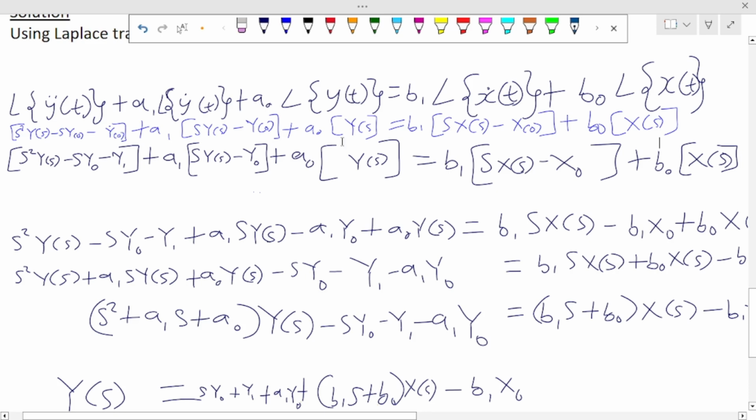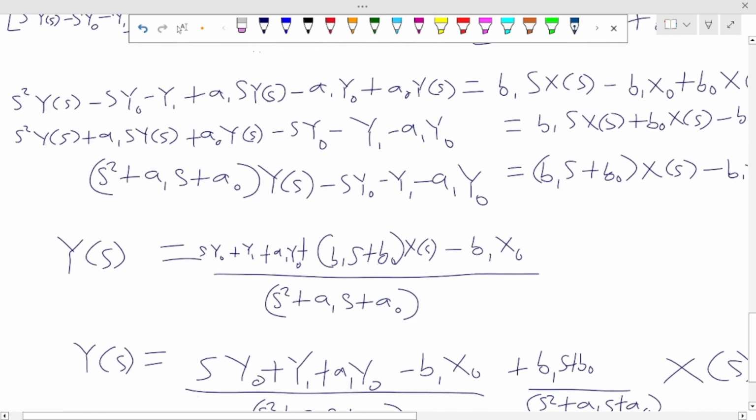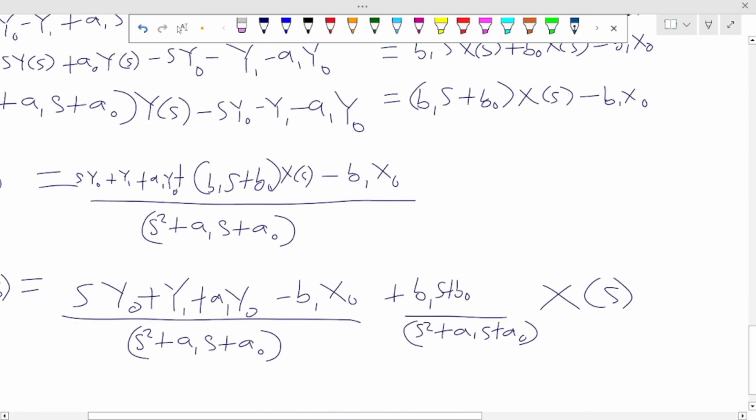Okay, so from this line down, all we did was just to simplify so that we can have y of s, which is the output signal but in the s domain, on its own, and then x of s, which is the input signal, of course in the s domain, also on its own.